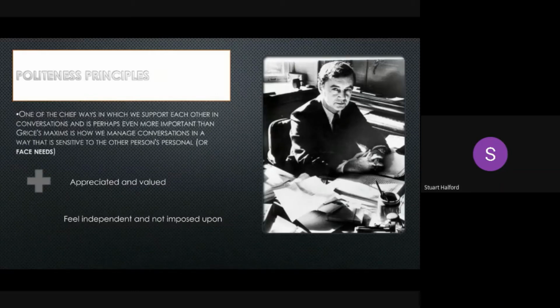Well, there are positive face needs, which is our need to feel appreciated and valued by the other person when we're in conversation with them. Or there are negative face needs, which are the need to feel independent and not imposed upon by somebody. And if you've been in a meeting with managers, you'll know quite often they ignore those face needs.